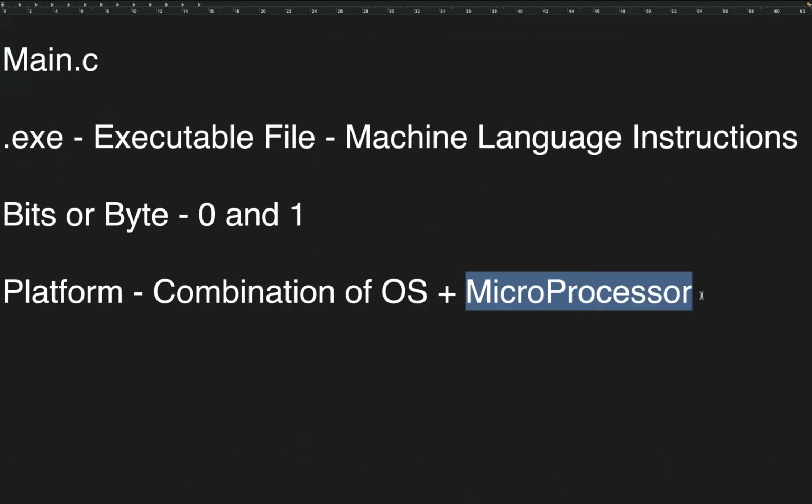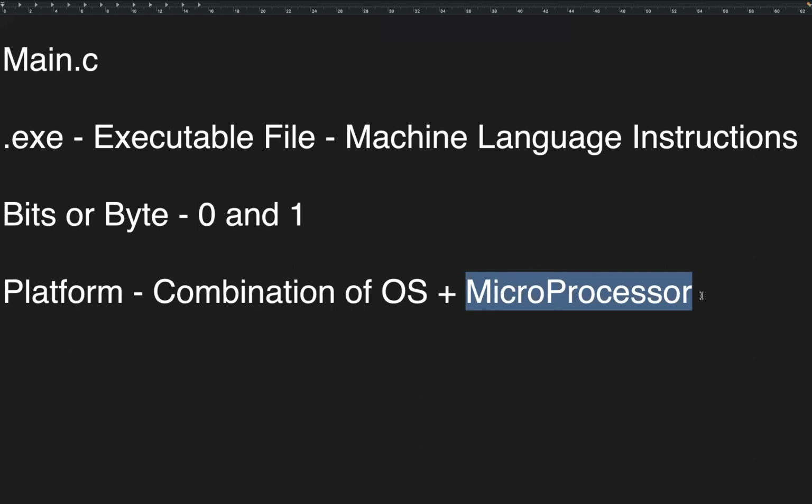We have multiple companies. The best example: with a Mac, we have the Silicon processor. With Intel, we have Intel, AMD (Advanced Micro Devices), Celeron, Spark processors, multiple processors.